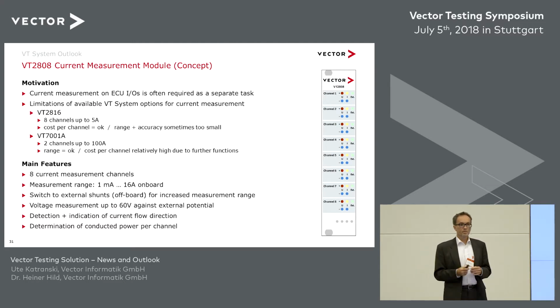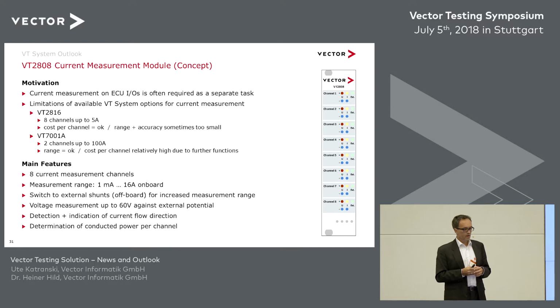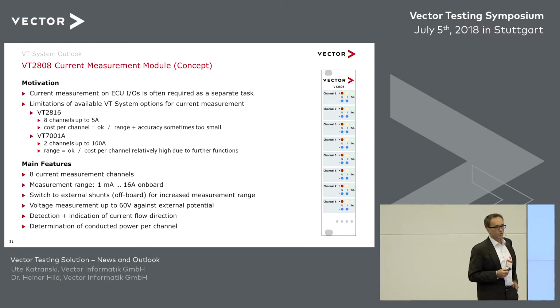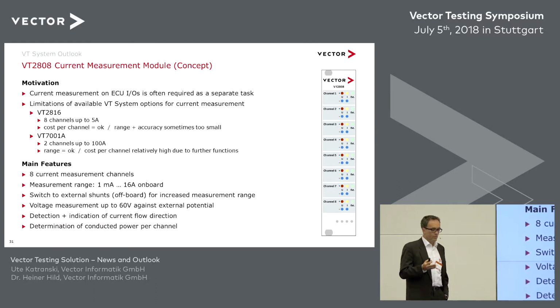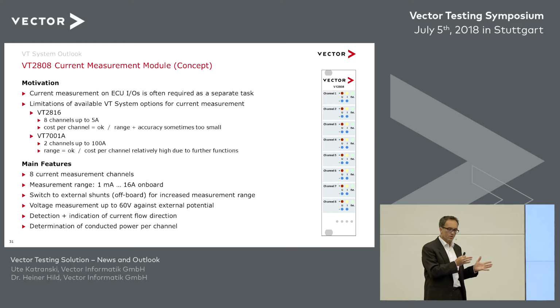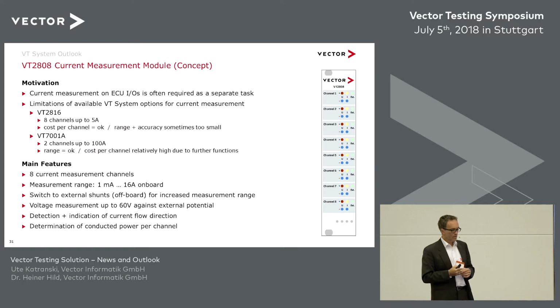And then with the 7000A, we can measure a broad range from individual microamps to 100 amps, but we can do that only on 2 channels, and the 2808 is supposed to close the gap. 8 current measurement channels with a reasonable measurement range from 1 milliampere to 16 amps.